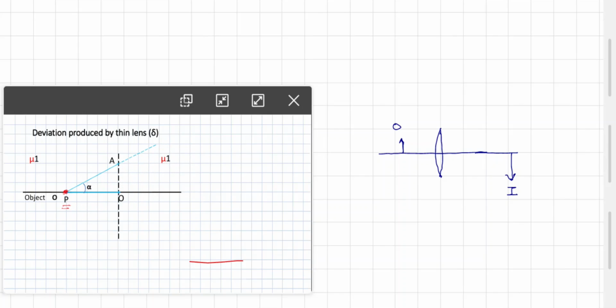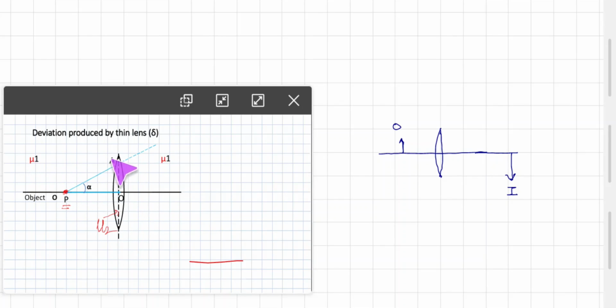But now we are putting in a lens, and remember that the refractive index of this material is different. Suppose this is a glass medium, so its refractive index, let us consider, is mu2.